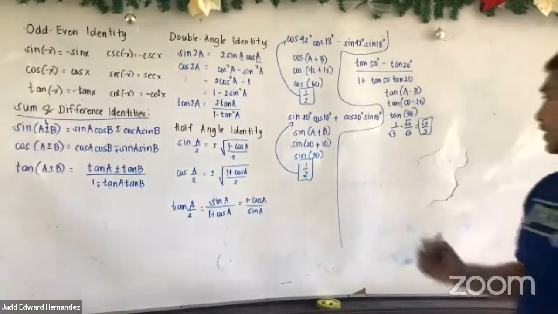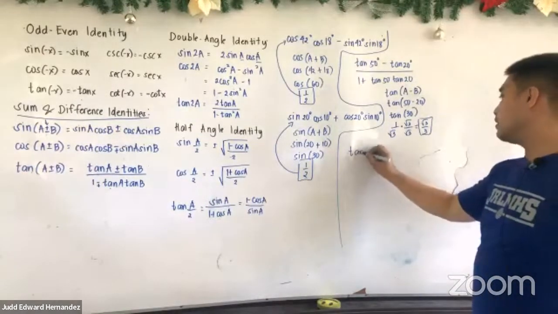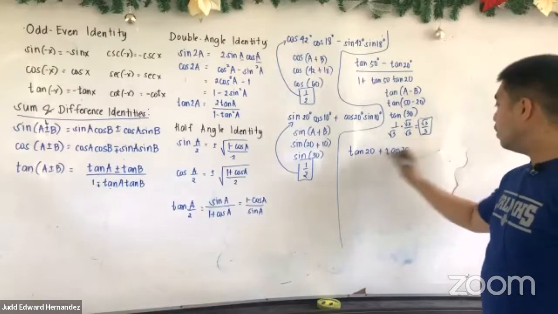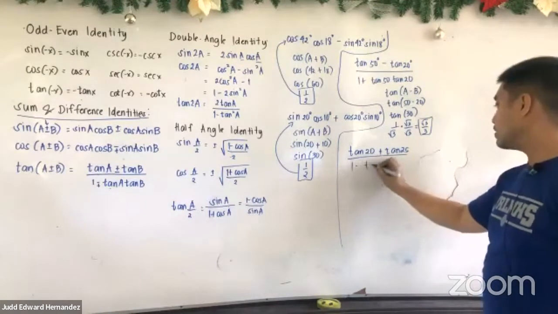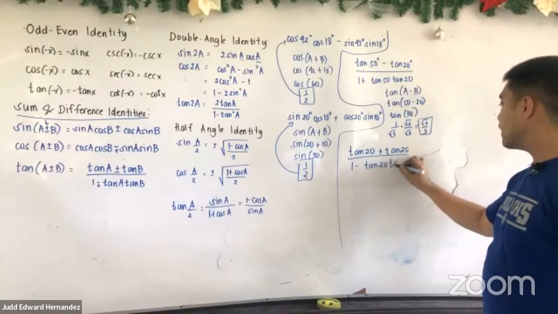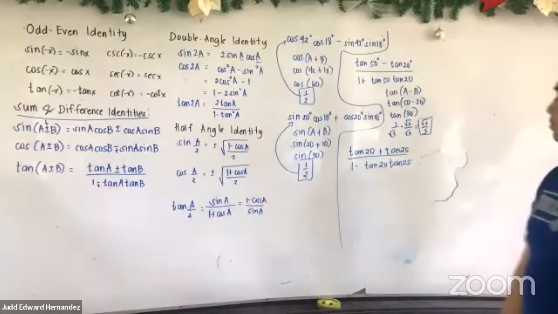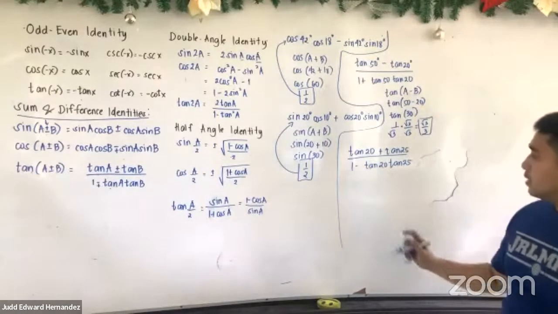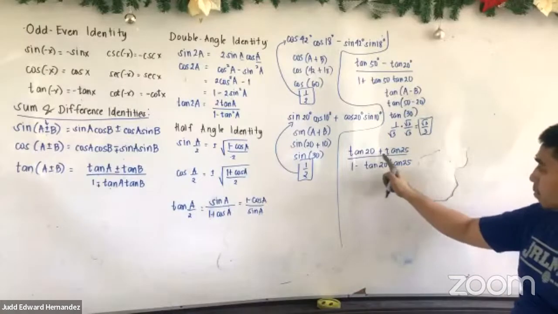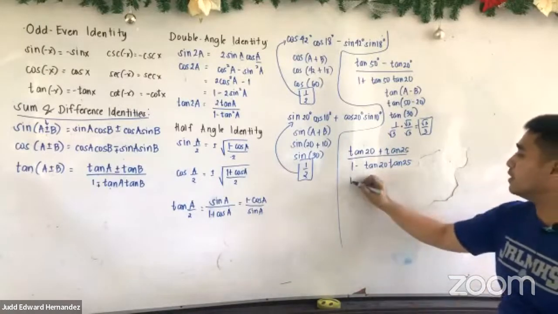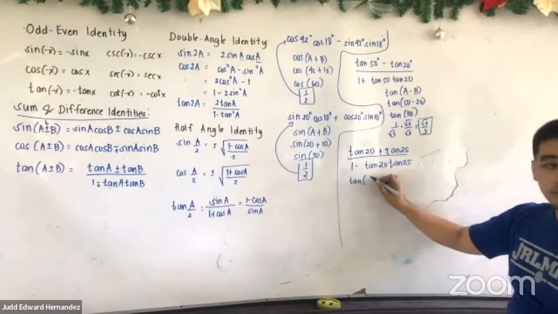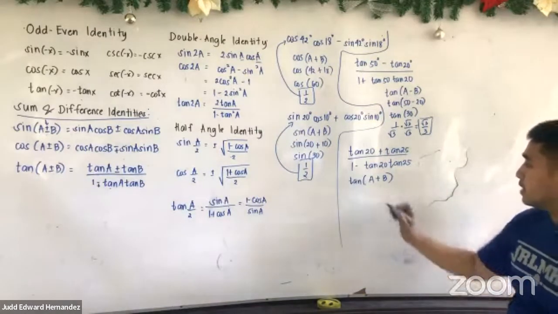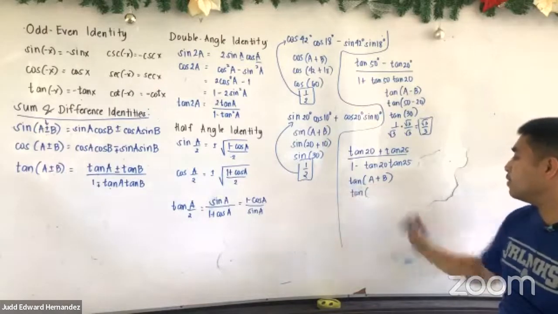Okay, let's have another example. What if you're given tan 20 plus tan 25 all over 1 minus tan 20 tan 25? Okay, so again, it takes the form of tangent, but this is tan plus, minus. Therefore, it is tan of A plus B. Therefore, that is tangent of, what is our A?